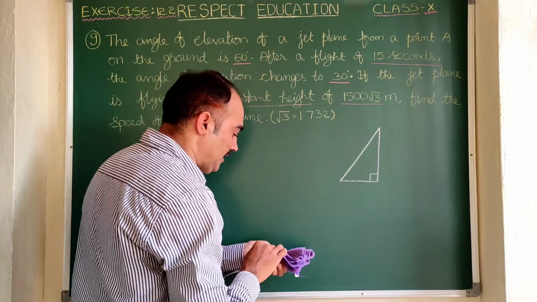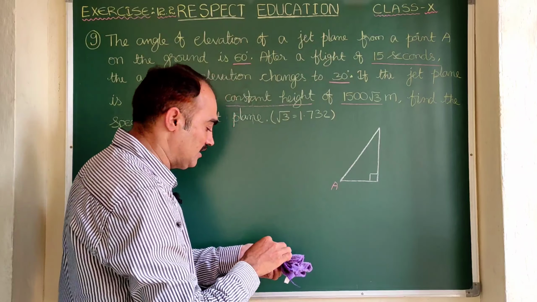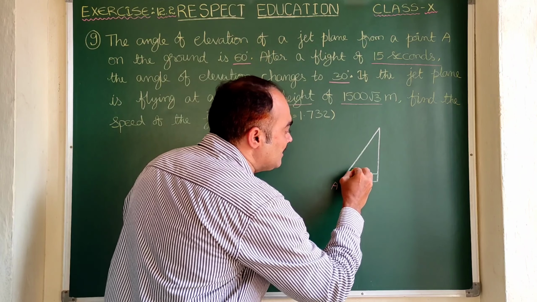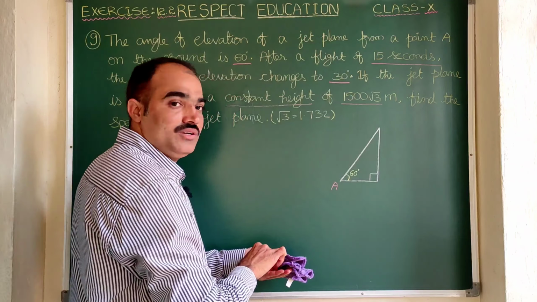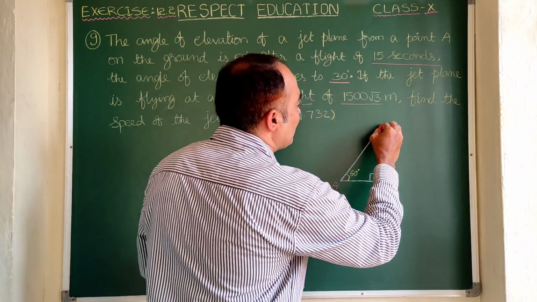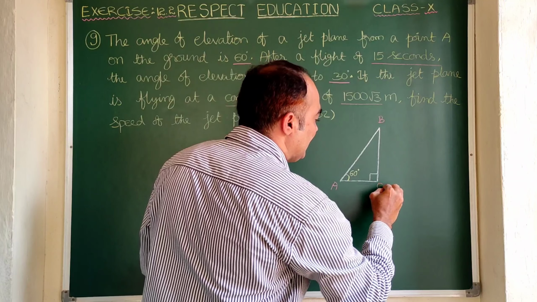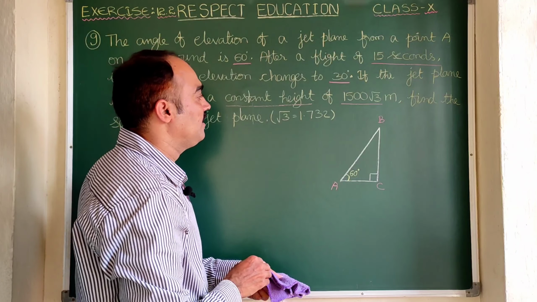Let us take this point as A, a point A on the ground. So here the angle of elevation is 60 degrees. Let us consider this as B and this as C. B indicates the jet plane.